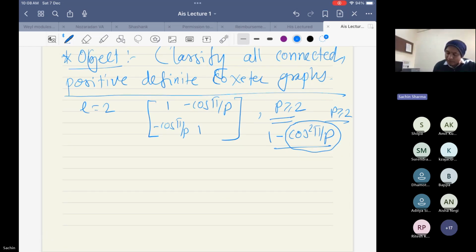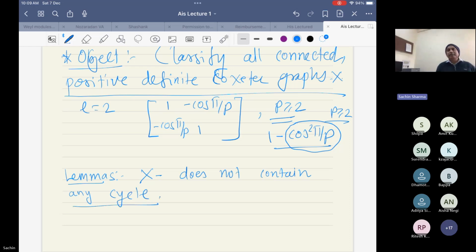And so we now have the task of classifying connected positive definite Coxeter graphs, and we'll begin with observations or lemmas. The first thing is that X does not contain any cycle.